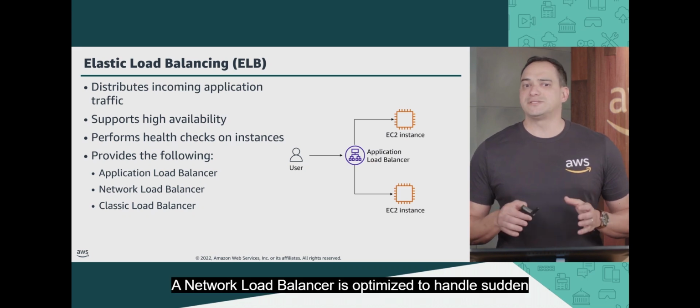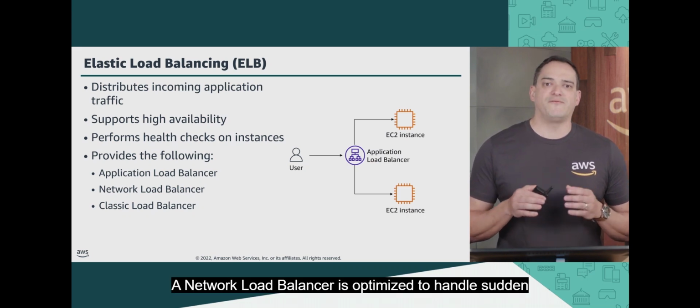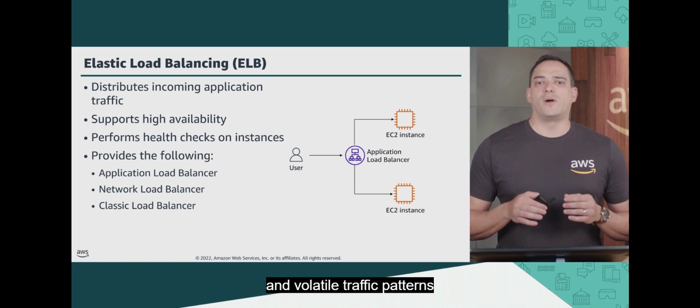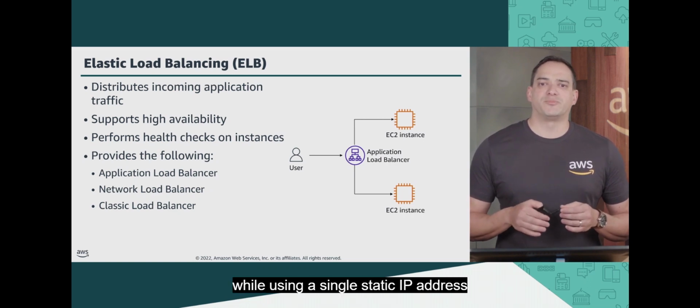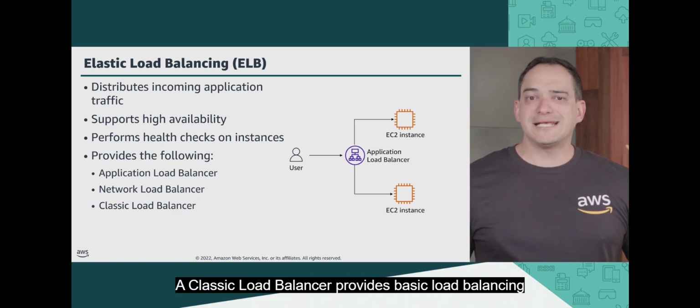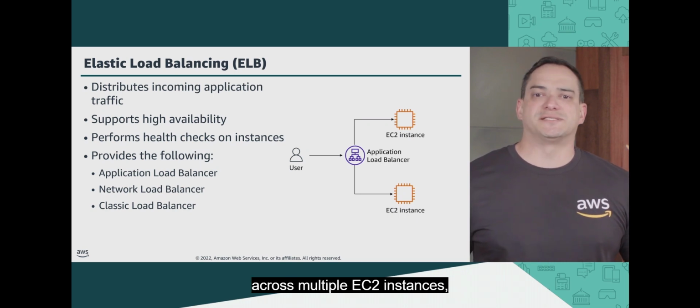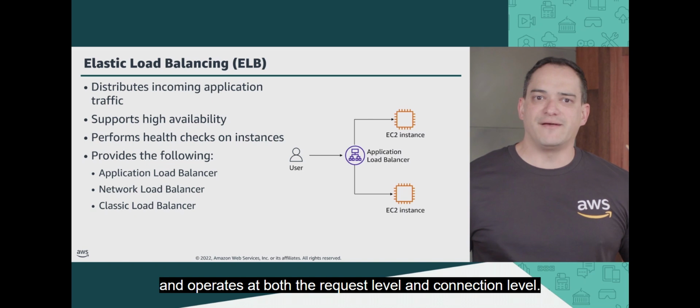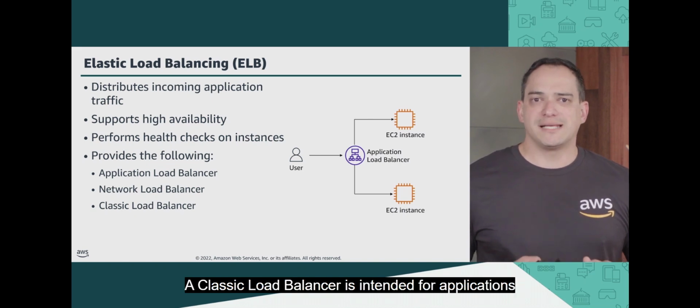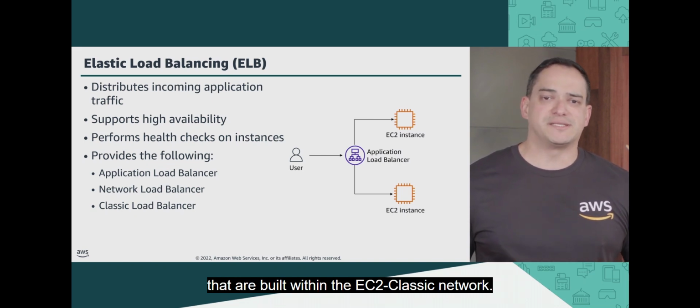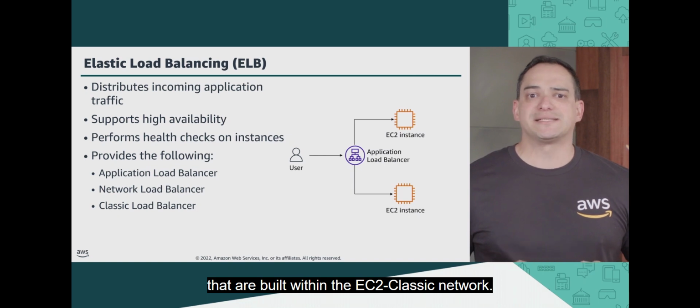A network load balancer is optimized to handle sudden and volatile traffic patterns while using a single static IP address per availability zone. A classic load balancer provides basic load balancing across multiple EC2 instances and operates at both the request level and connection level. A classic load balancer is intended for applications that are built within the EC2 classic network.